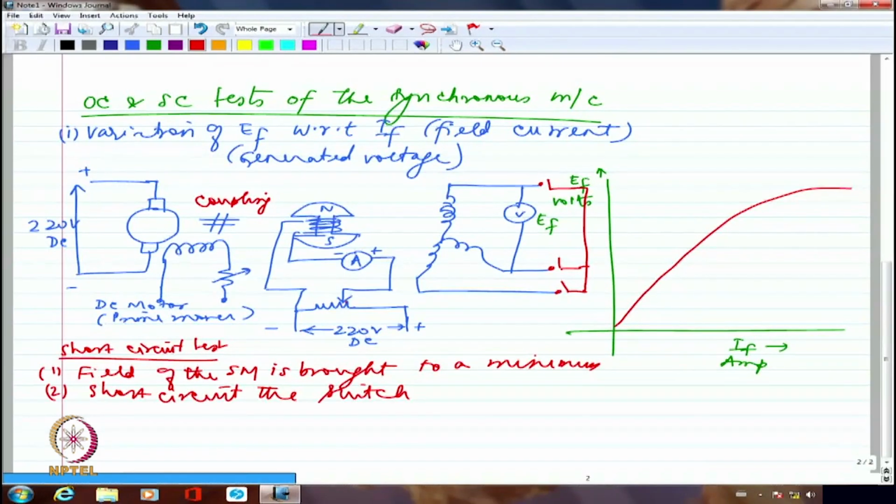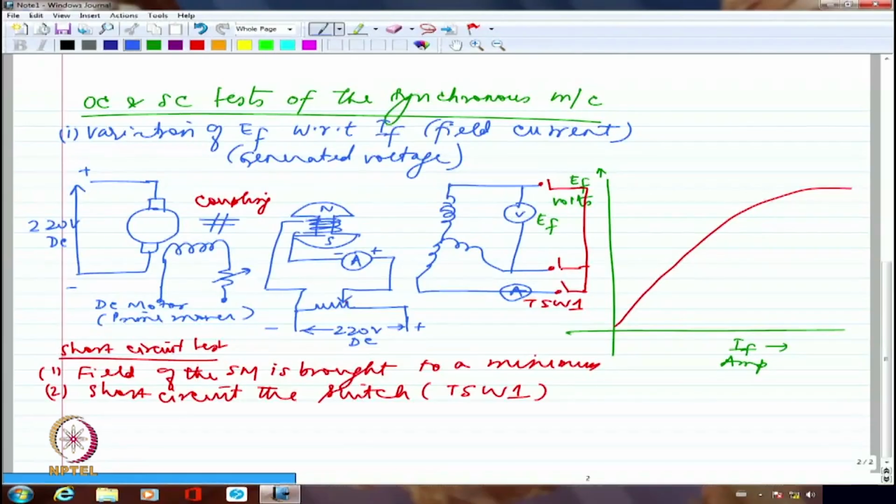So I have 3 terminals of the armature which will be short circuited automatically by using this 3-phase switch. Okay. So let me say this is maybe TSW1, 3-phase switch 1. Okay. So this TSW1 will be closed. Of course, I should have had an ammeter here. At least in one of the terminals, I should have put an ammeter because I would like to measure the current, short circuit current of this machine.